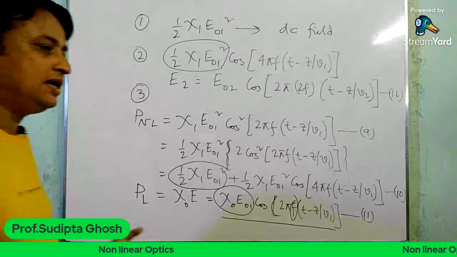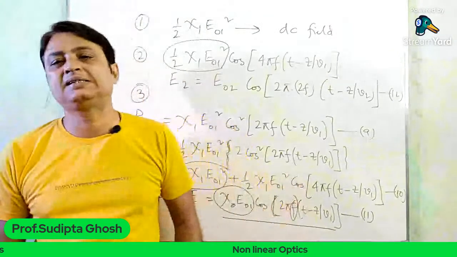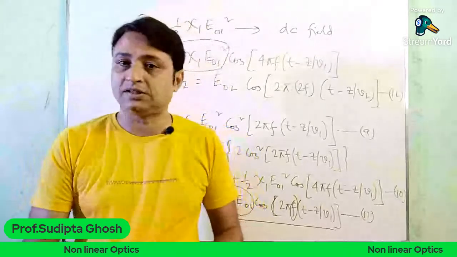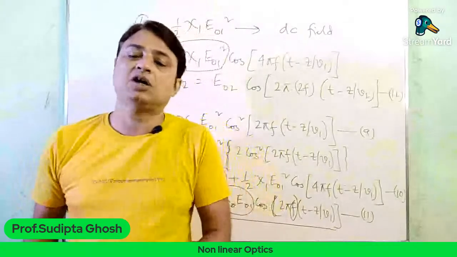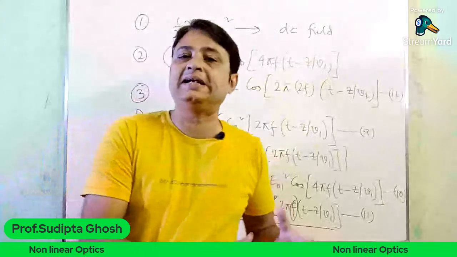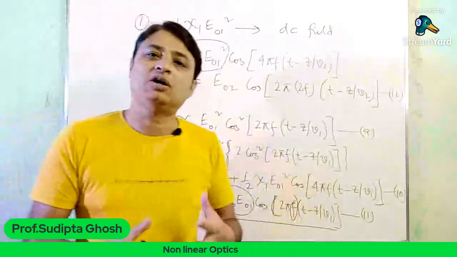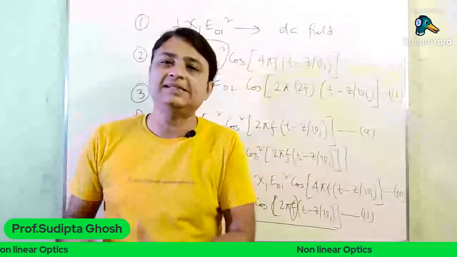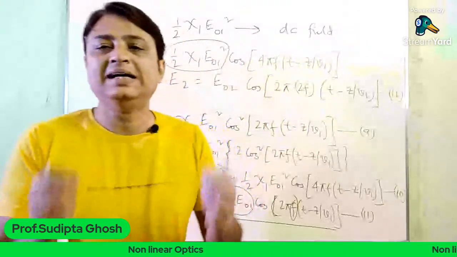So after the interaction of the highly intense laser beam with a first order nonlinear dielectric material, we came across a second harmonic generated wave. It is called the second harmonic because the frequency of this secondary wave is just double the frequency of the incident wave.